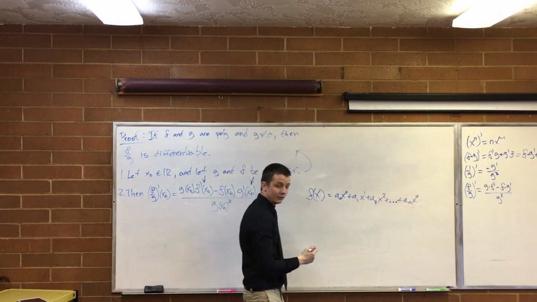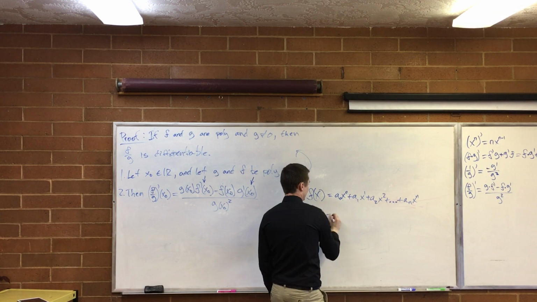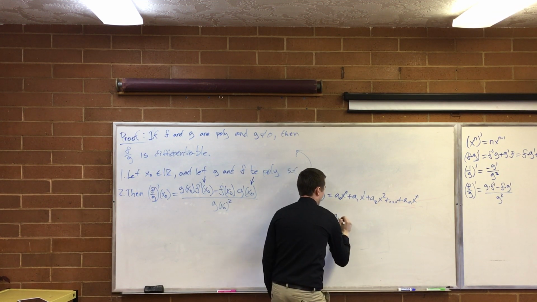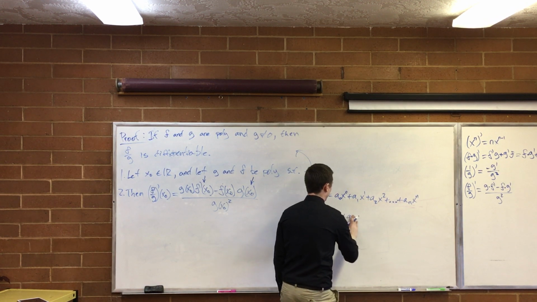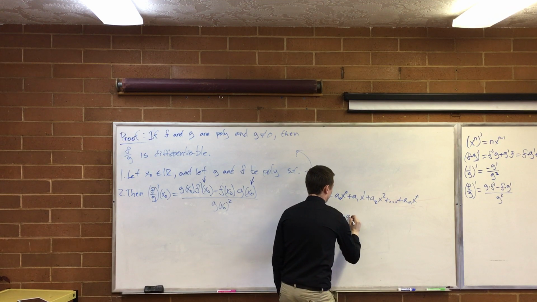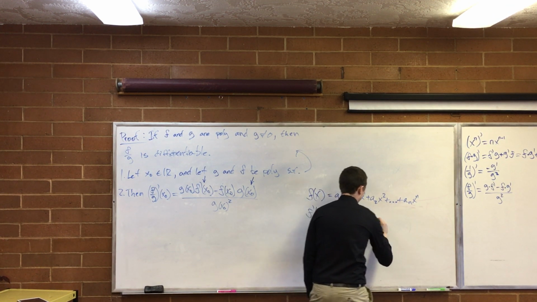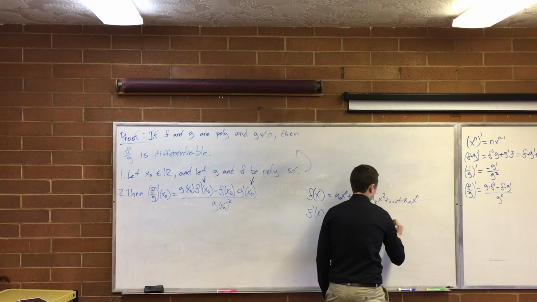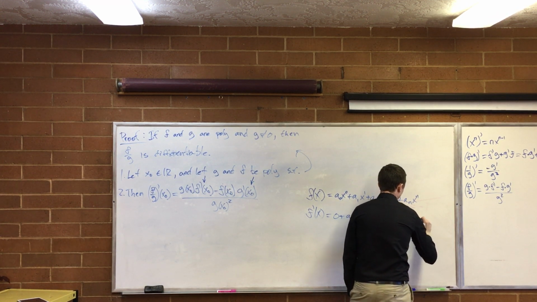So then the derivative of the polynomial is obviously just f prime of x is going to be a naught, oh sorry, this one's 0. 0 plus a1 plus 2a2 x plus dot dot dot plus n an x to the n minus 1.